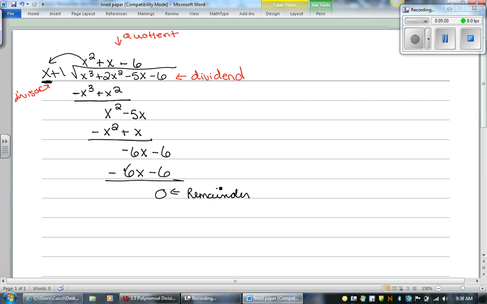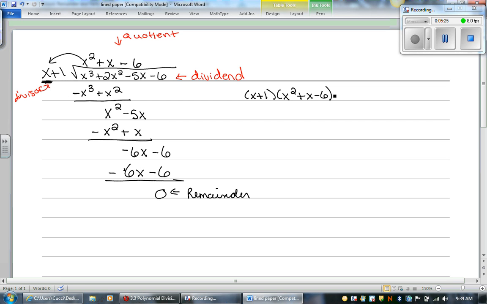Since the remainder is 0, that tells us that x plus 1 is a factor. It also tells us that the quotient and the factor, if I were to multiply them together, would give me back my original.